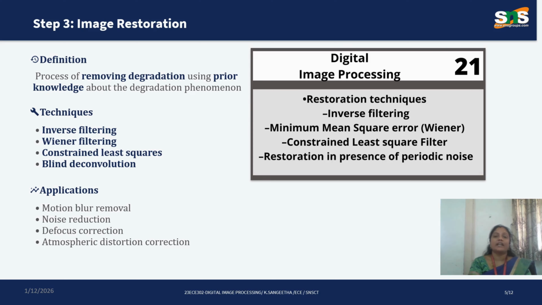What filters can we use? Inverse filtering, Wiener filtering, constrained least squares. These are the filters and techniques we can use to restore the image from the degraded one. Noise reduction, defocus correction, and atmospheric distortion correction are some reasons the image can be recovered using these image restoration techniques.